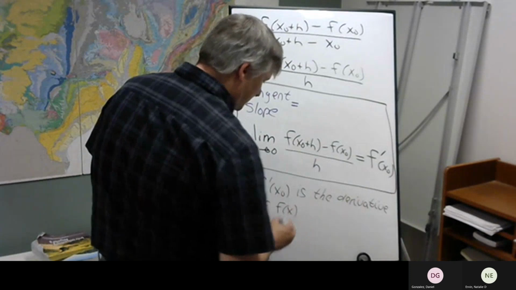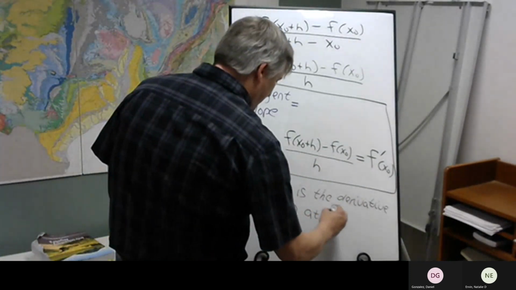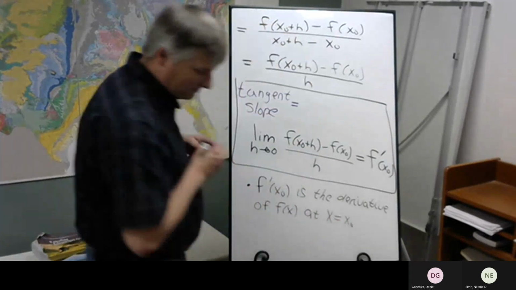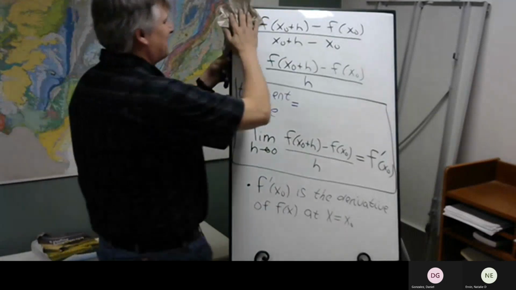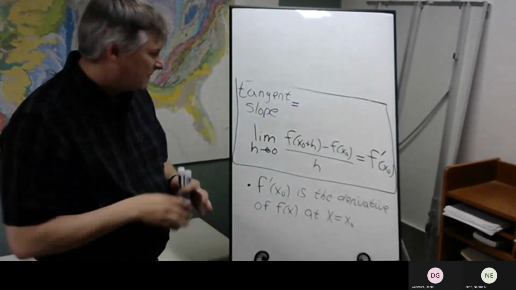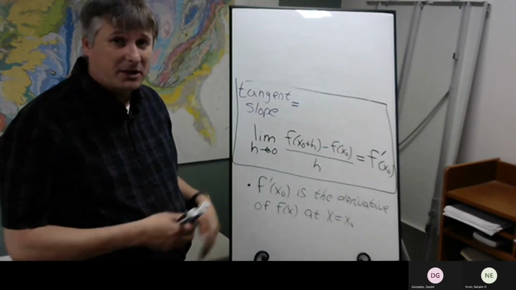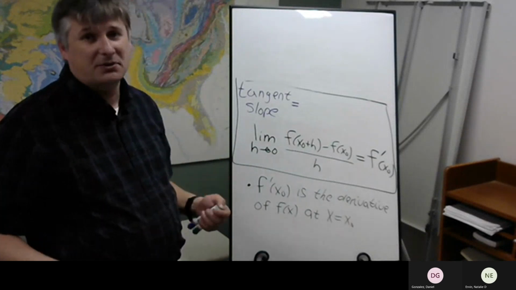So this is the derivative of f of x at x equals x0. Another phrase you'll hear, we also refer to this as the instantaneous rate of change of f of x at x equals x0.